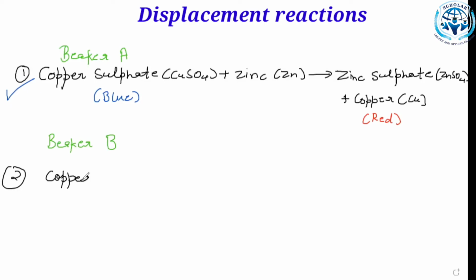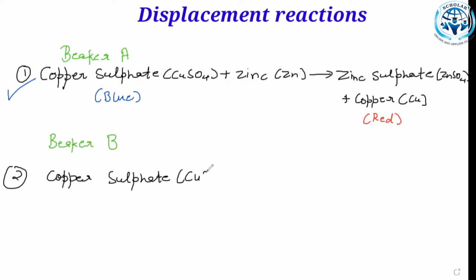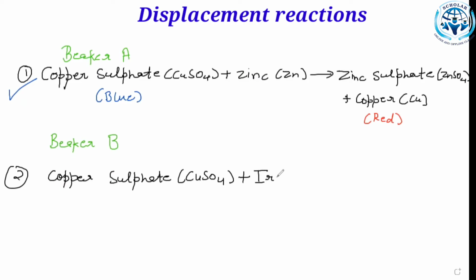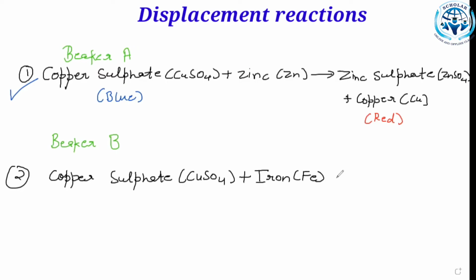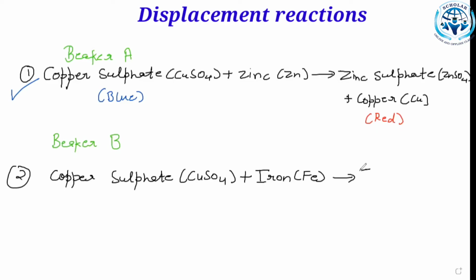In beaker B, again copper sulfate is reacting with iron, Fe. Iron is more reactive than copper, so it displaces copper from copper sulfate solution to form ferrous sulfate.